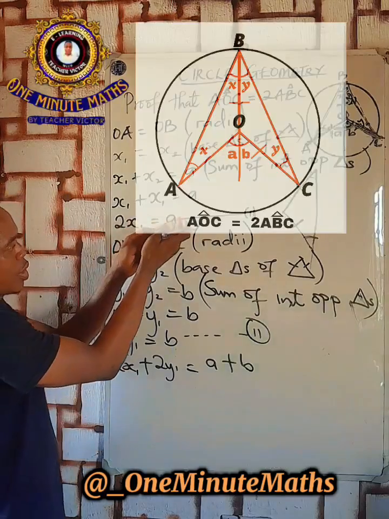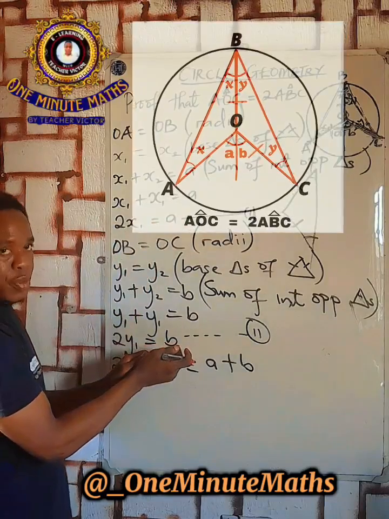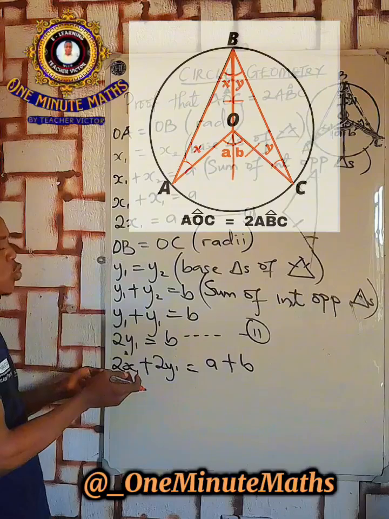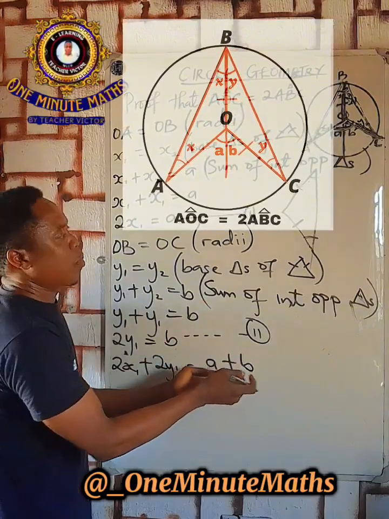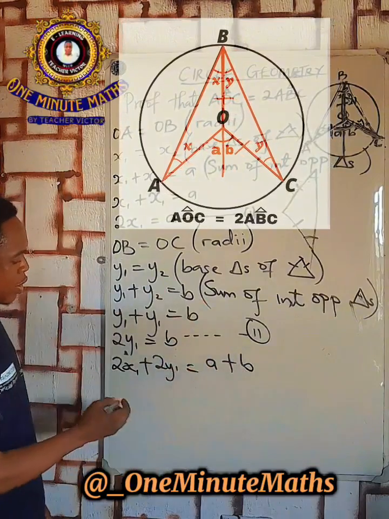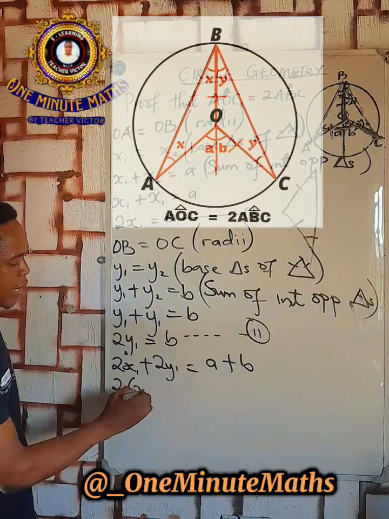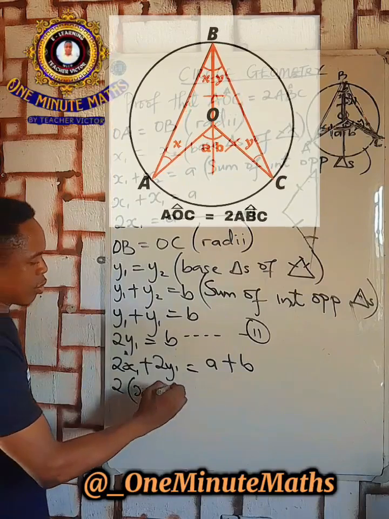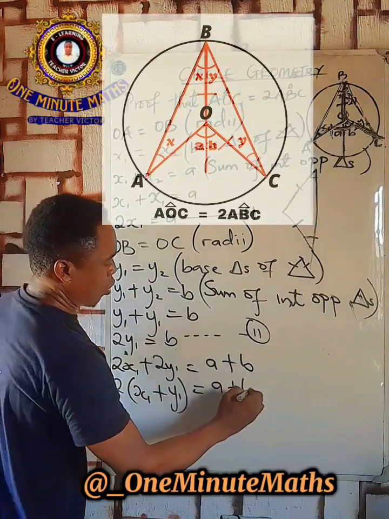So I can factorize this and I will have 2 into bracket x1 plus y1, which is equal to A plus B.